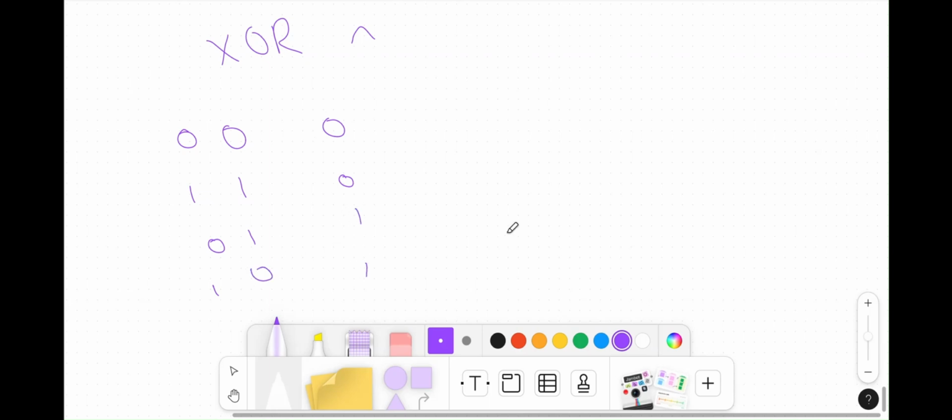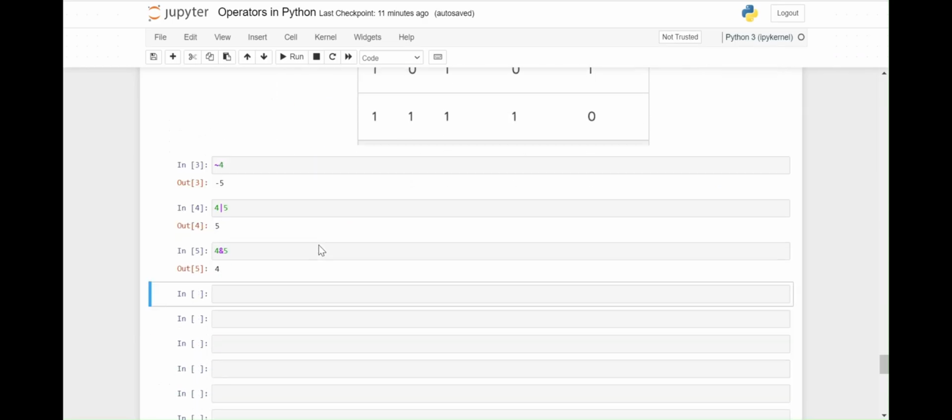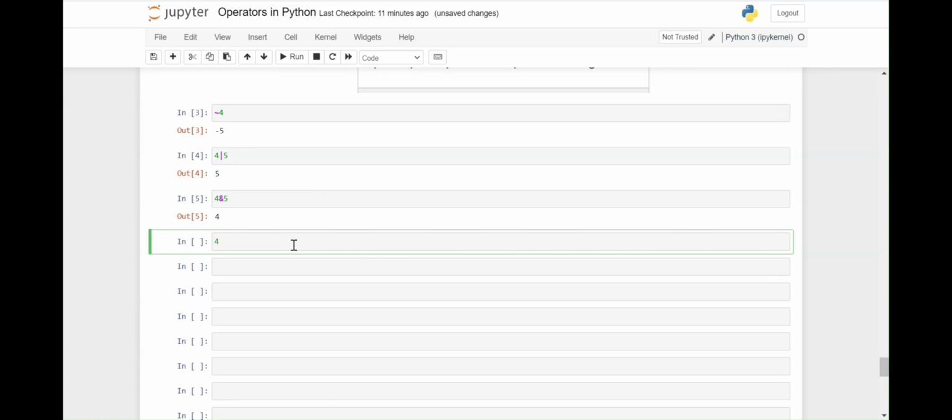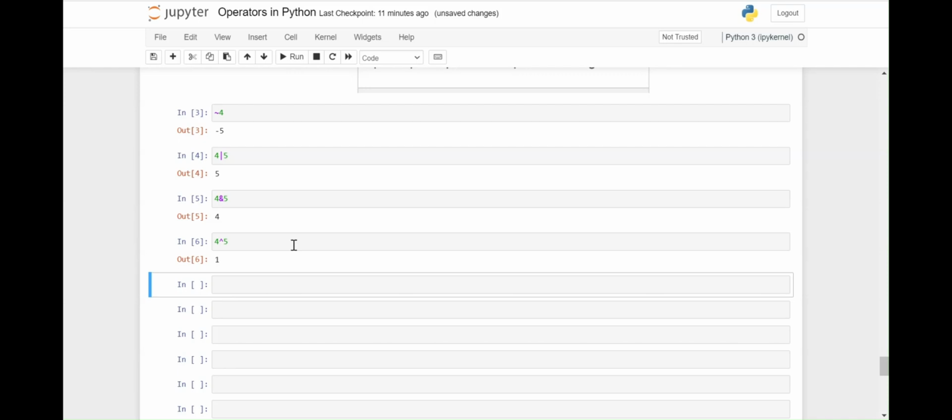That's how we remember it. Let's do it for the same 4 and 5 in the XOR operation. For 1 and 0 1, it is different, so it is 1. Then it is same, so it is 0 and 0. So what is it going to return us? It's going to return us 1. Let's see for ourselves. See, we got 1. We're correct, right?